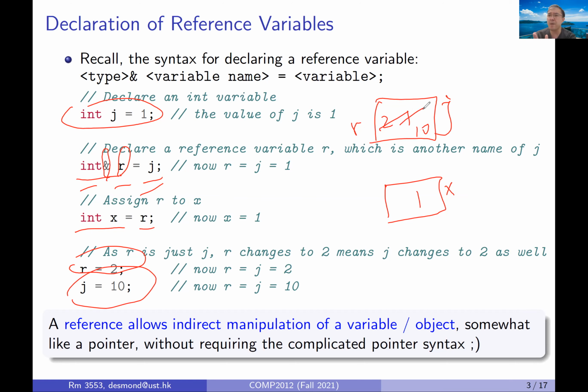Do you still remember how many different uses of ampersand in C++? How many different uses? 3? Yes. Logical AND, defining a nickname, and address of. All right? Okay, question. Can J have one more nickname through code involving R?